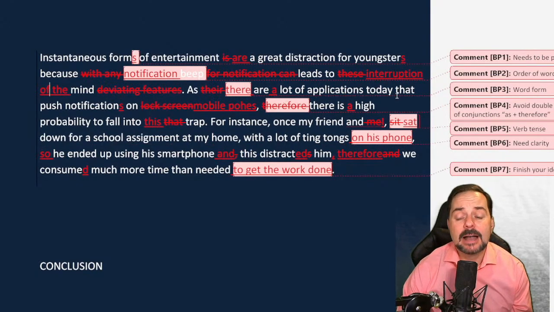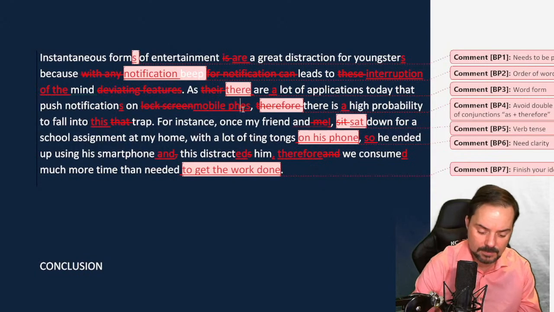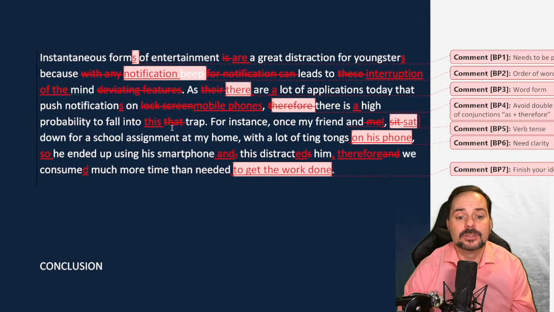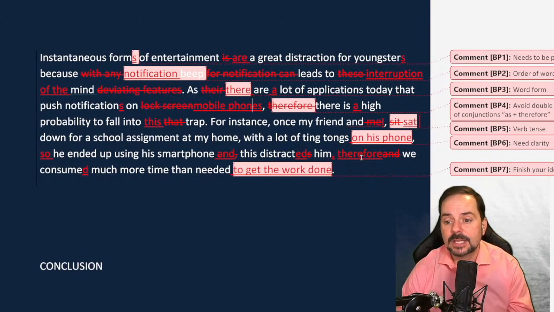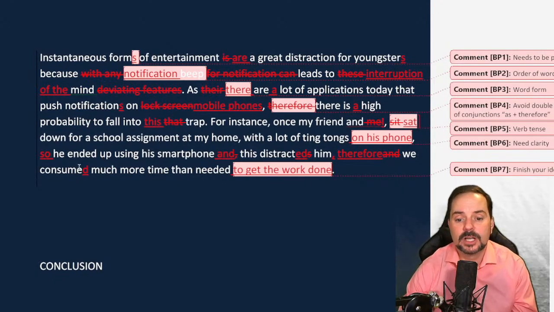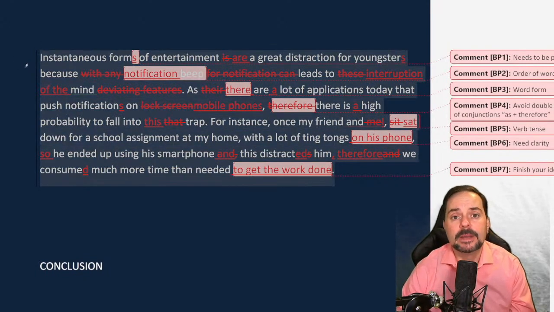As there are a lot of applications today that push notifications on mobile phones, there is a high probability to fall into this trap. For instance, once my friend and I sat down for a school assignment at my home with a lot of ting-tongs on his phone, so he ended up using his smartphone and this distracted him. Therefore, we consumed much more time than needed to get the work done. This would be your perfect paragraph and you would get a great score for that, Band 8 or Band 9.